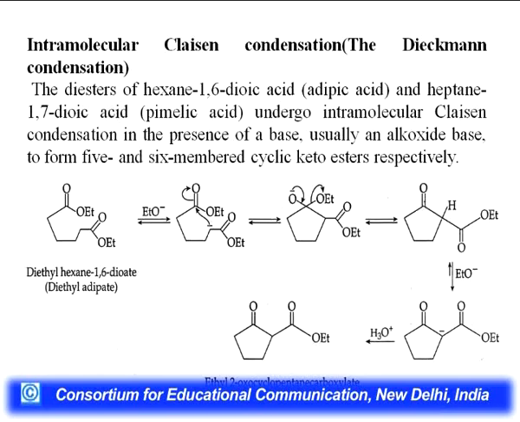And you can also see how diethyl hexane 1,6-dioate will give you ethyl 2-oxocyclopentane carboxylate.